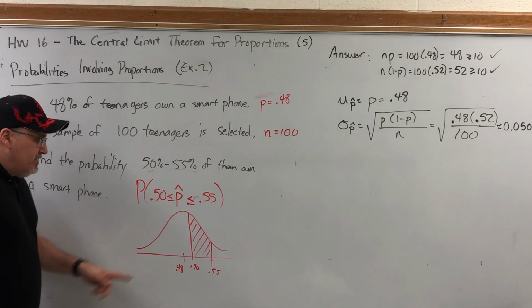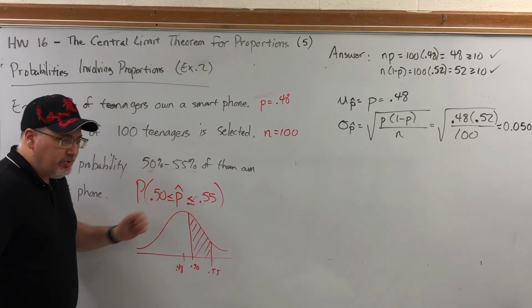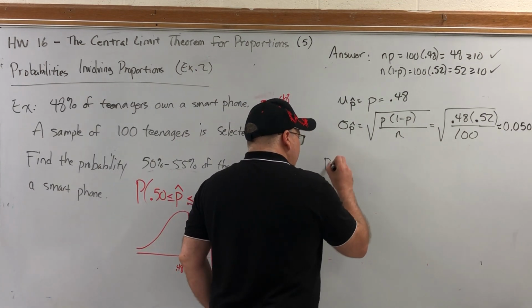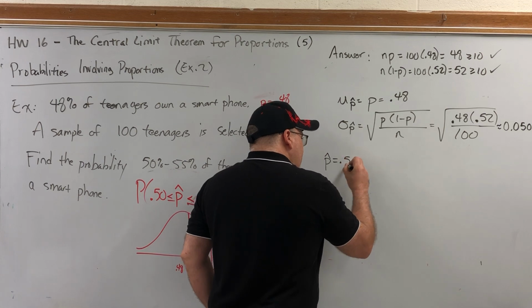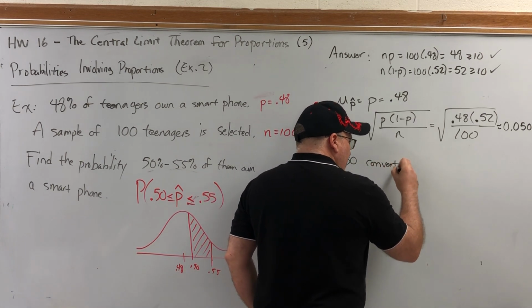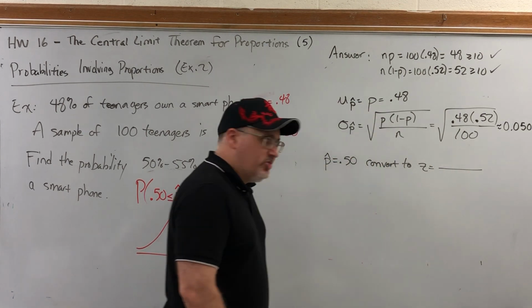Now we need to convert each of these p hat values, or values that we're comparing p hat to, to z values. So let's start with p hat equals 0.50. P hat equals 0.50 will convert to z equals, I'm not going to write the formula, but I will set it up.